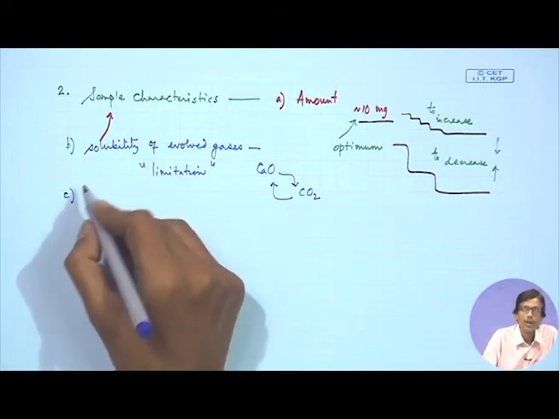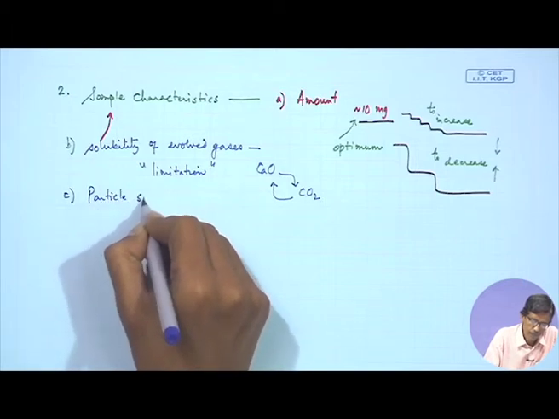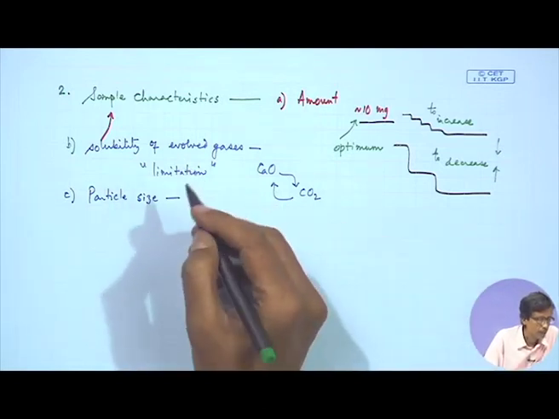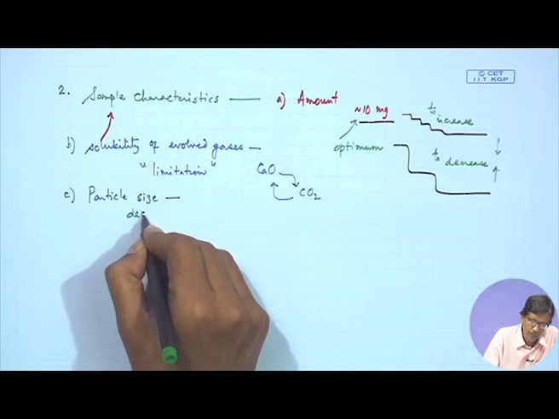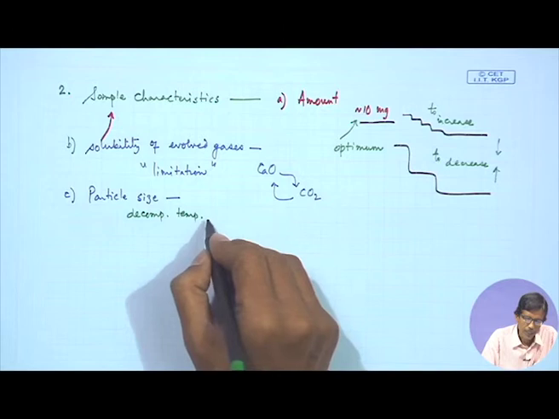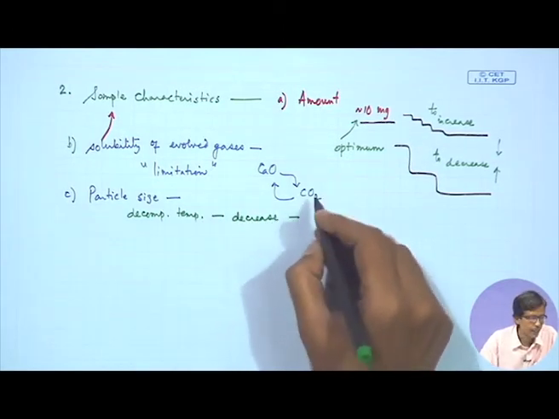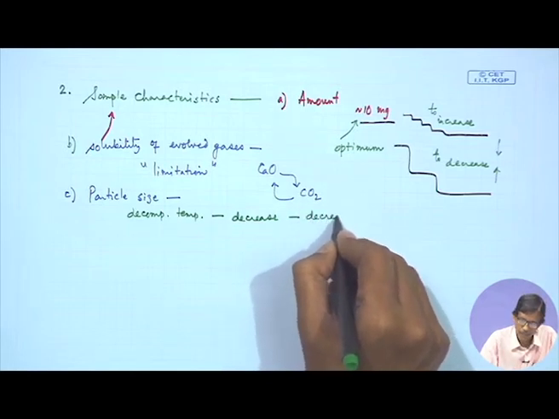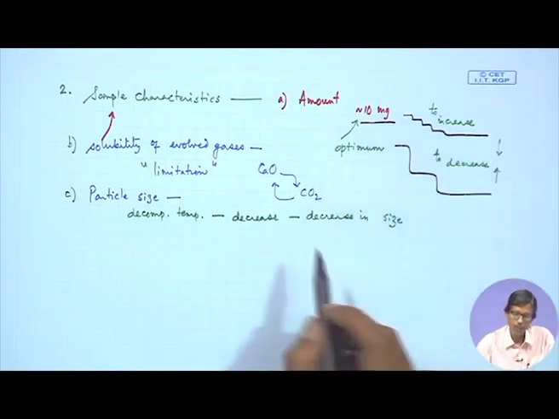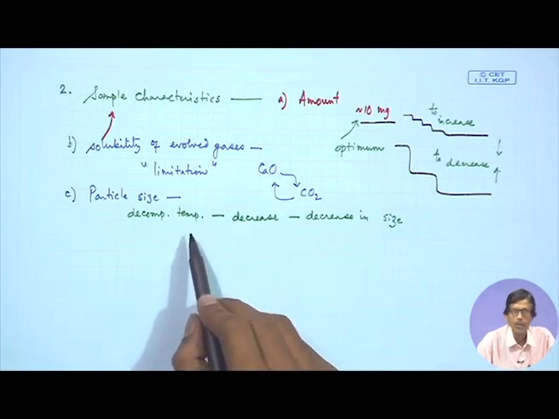Then we have the corresponding particle size, because we should have a good powder sample, because the decomposition temperature will decrease with the decrease in size. So, we should be very careful about handling the powdered sample, and it should not be a very coarse sample.